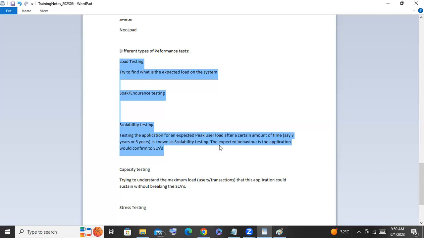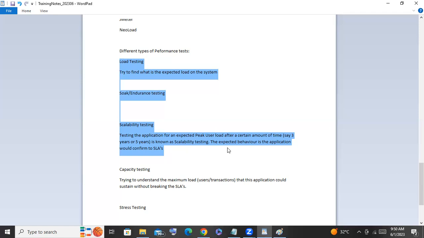There would be so many new features added to the application that your code base has changed, and whatever performance testing you have done is not valid anymore. You would have to do a fresh performance test, right? So the scalability test, the capacity test, all this you are actually doing only for a safety side.